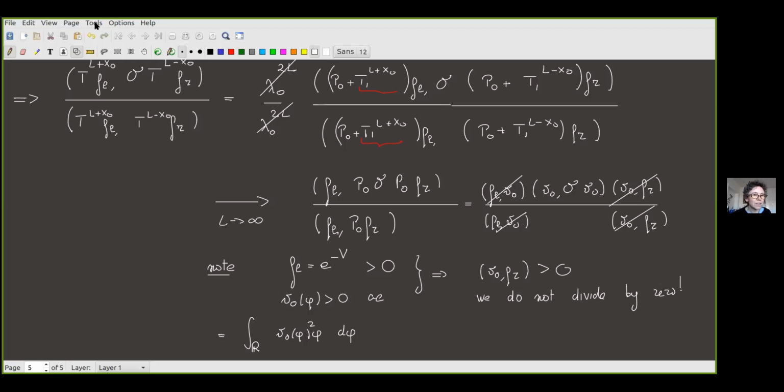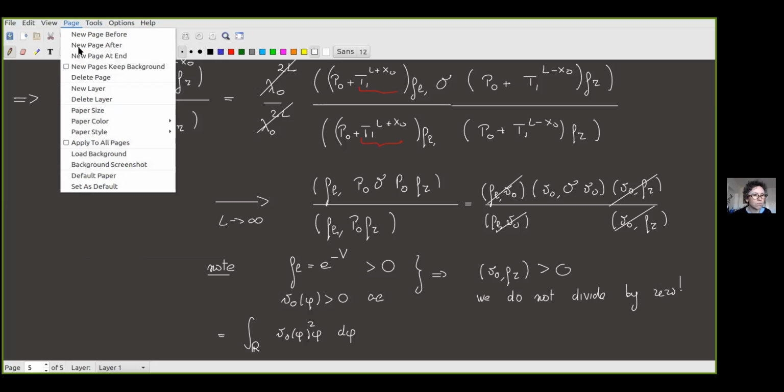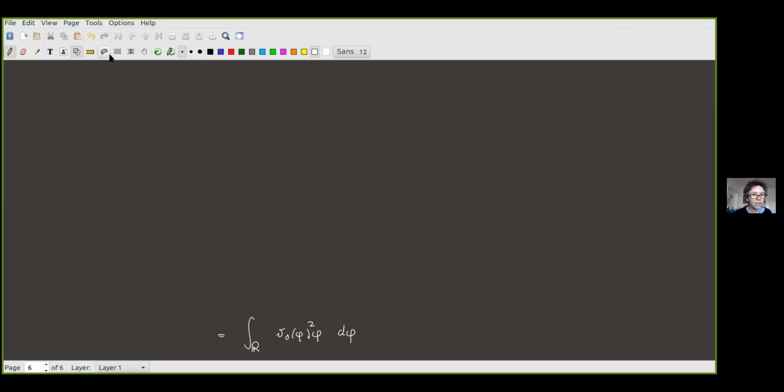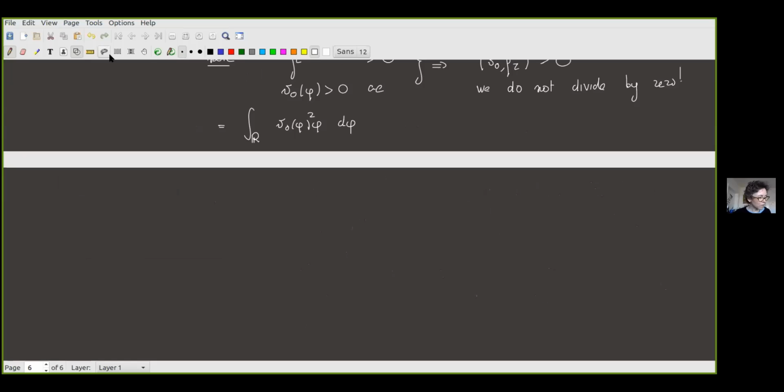Okay, we can do the same kind of arguments to show that, similarly, the log of the partition function converges to the log of lambda 0 when L goes to infinity.